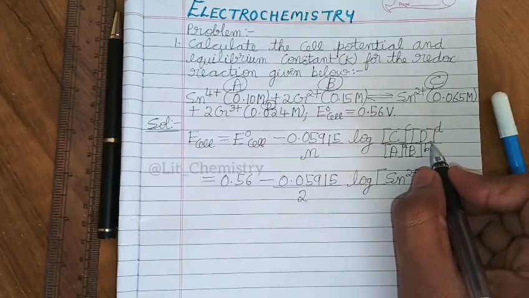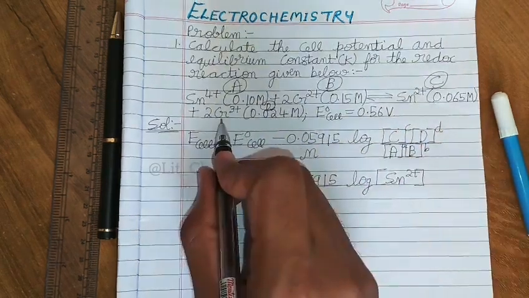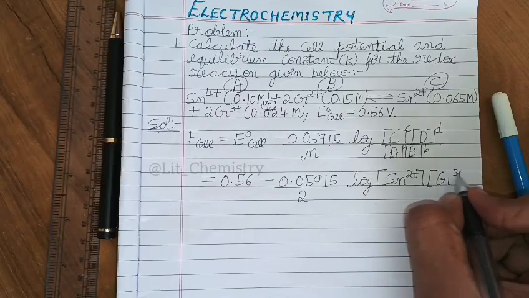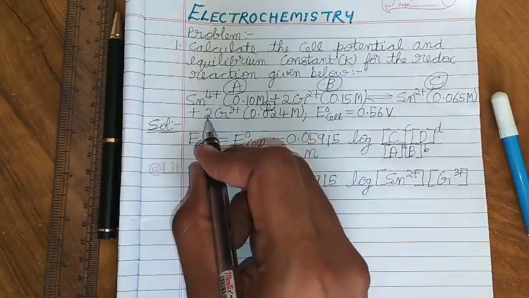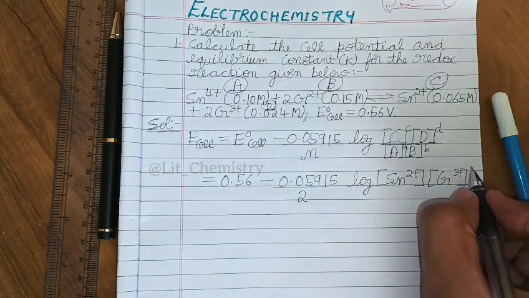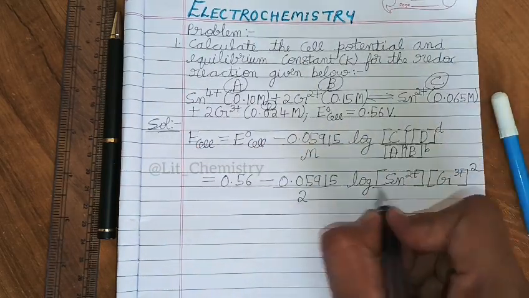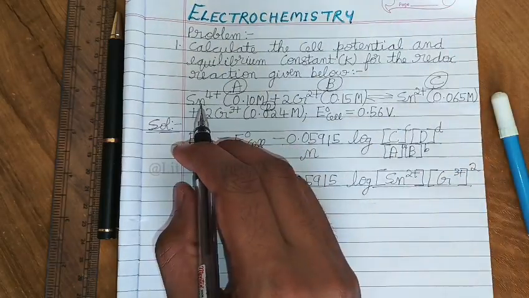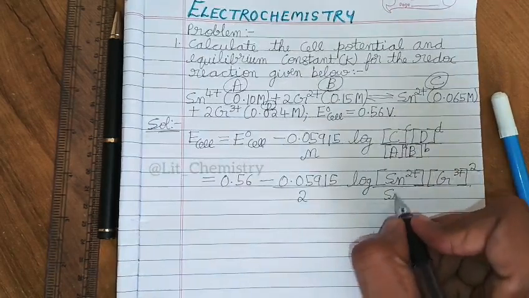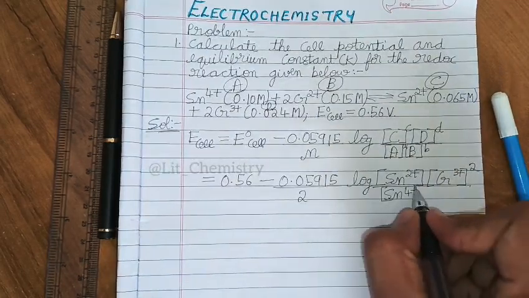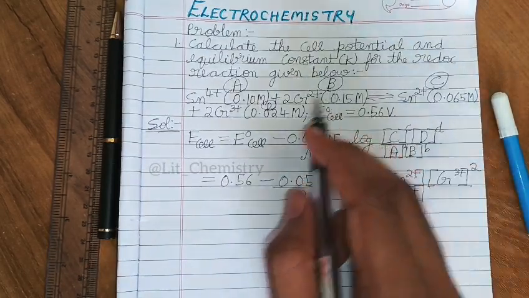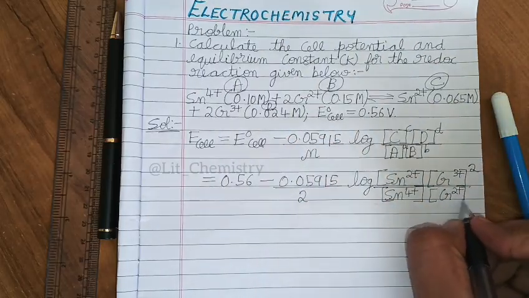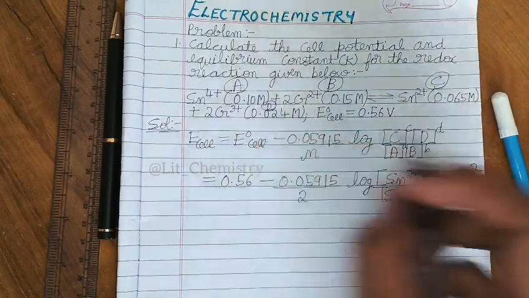In D we have Cr3 plus, so I write Cr3 plus, but it is balanced by 2, so square. In A we have Sn4 plus, and in B we have Cr2 plus, and this is balanced by 2, so square.